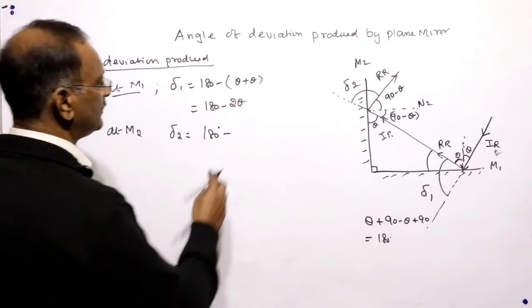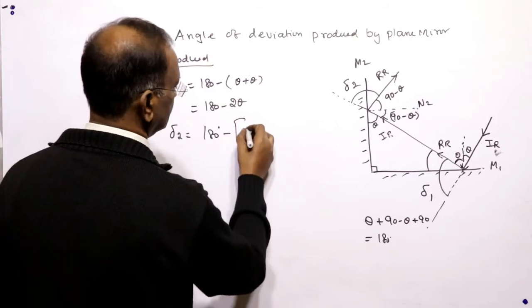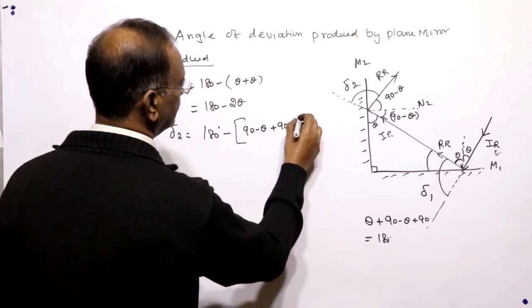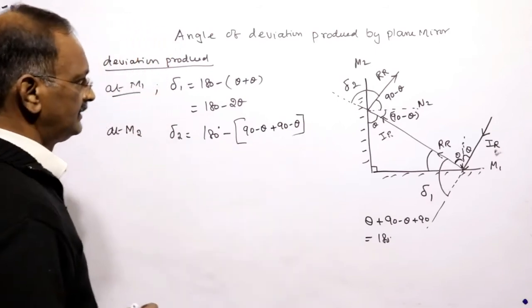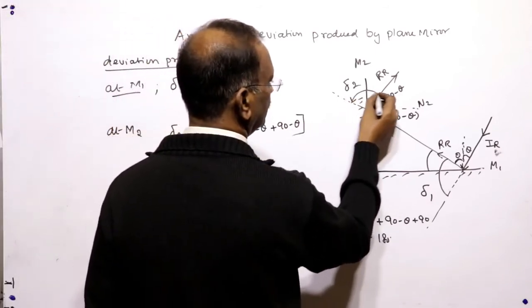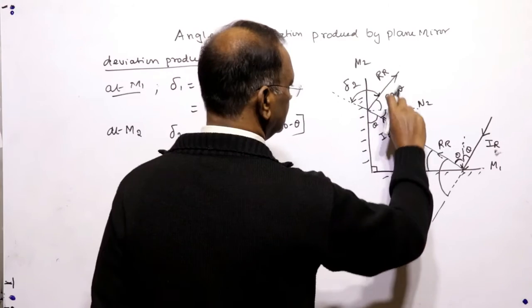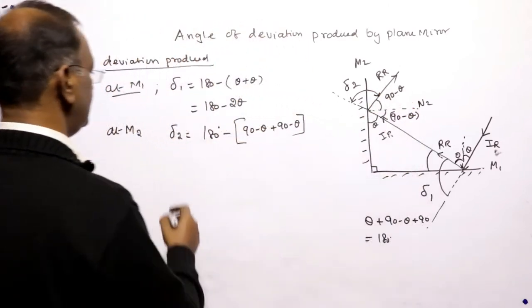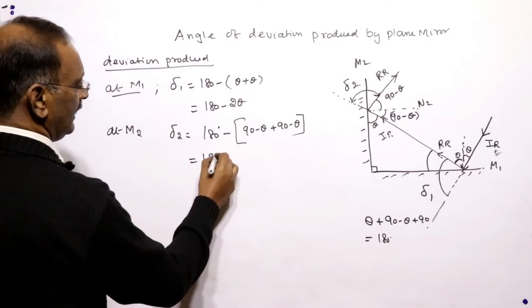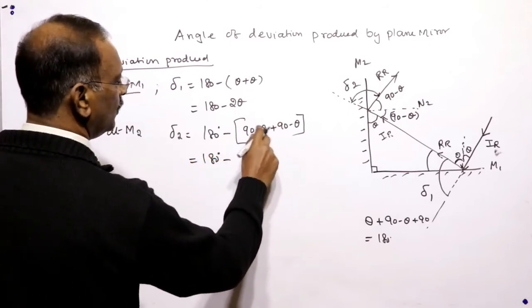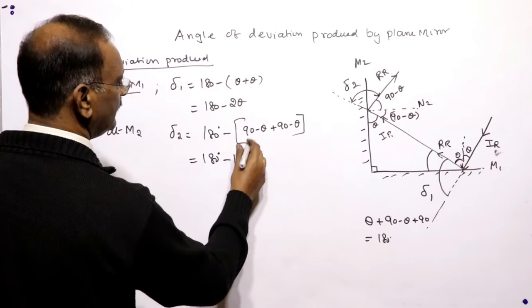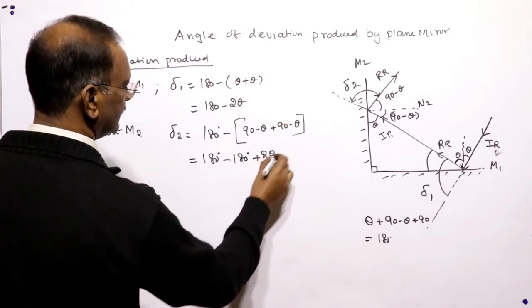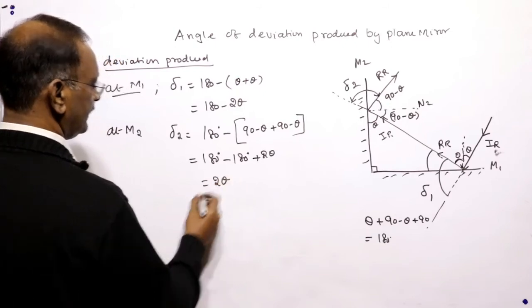So this angle is 90 minus theta plus 90 minus theta. The deviation is 180 minus (180 minus 2 theta), which is equal to 2 theta.